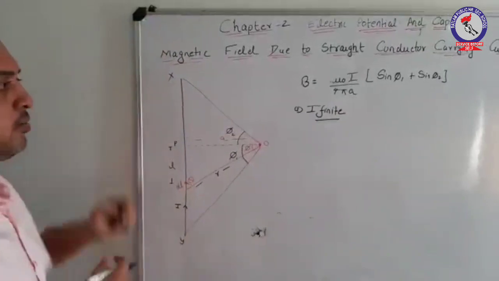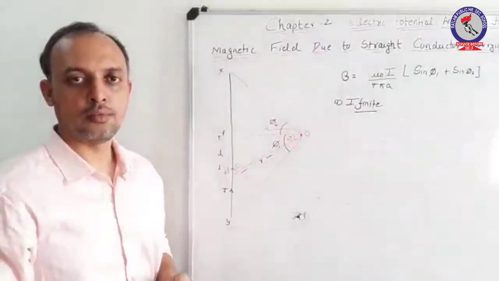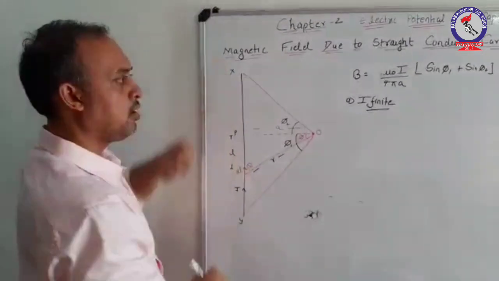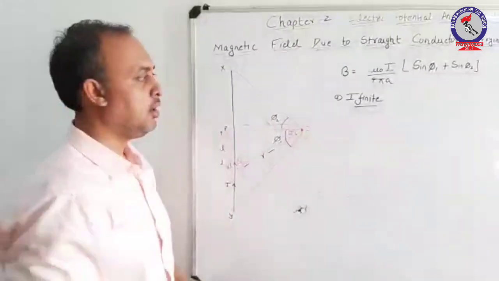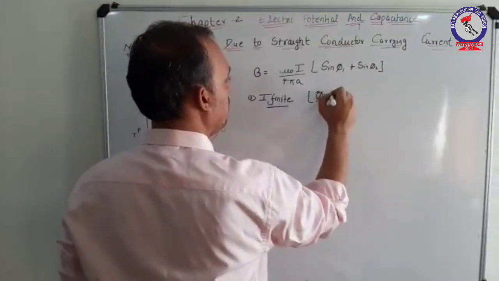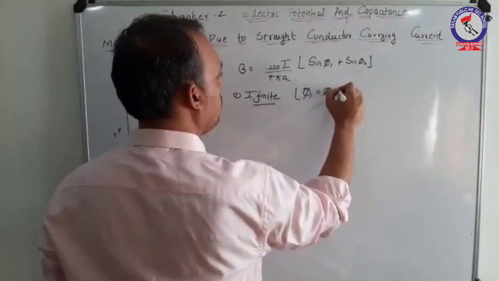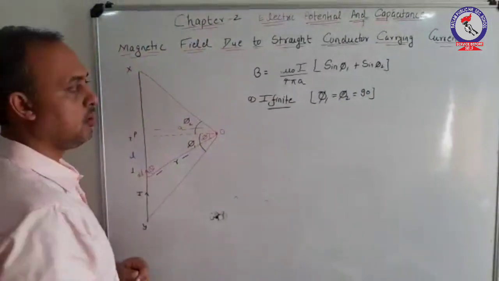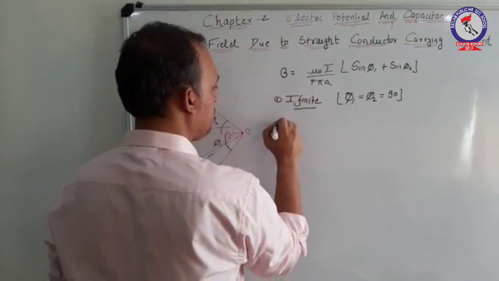Now, the very first case: if the conductor is of infinite length, this is an important case. Under this condition, phi 1 and phi 2 both will be 90 degrees. So what does this expression become?